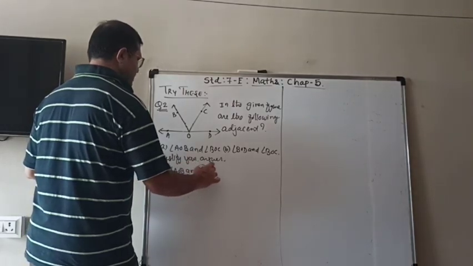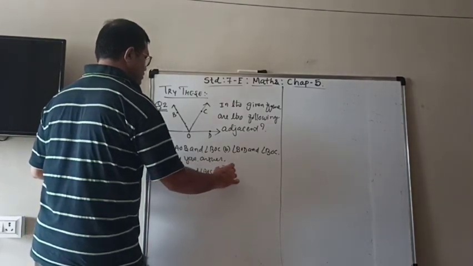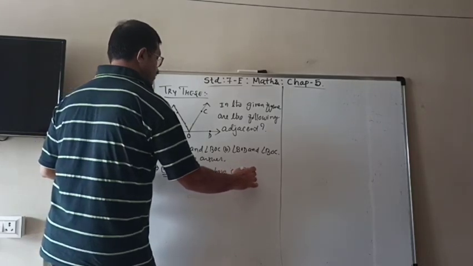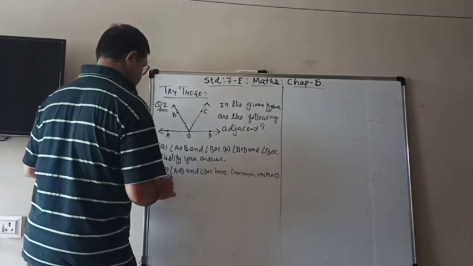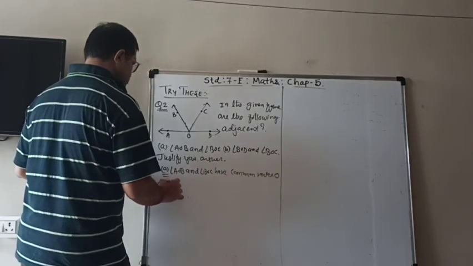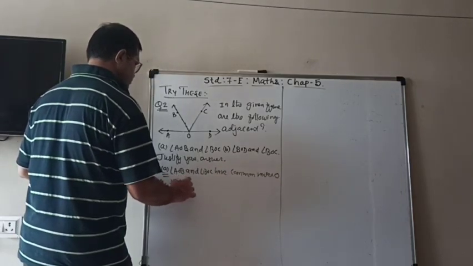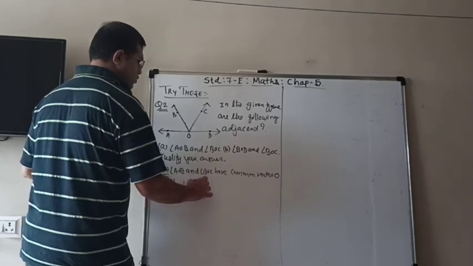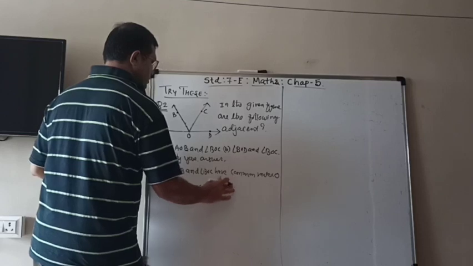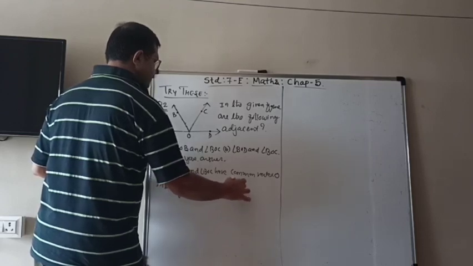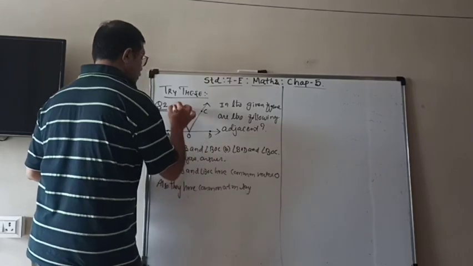So here angle AOB and angle BOC have the common vertex O. Also they have a common arm, that is ray OB.